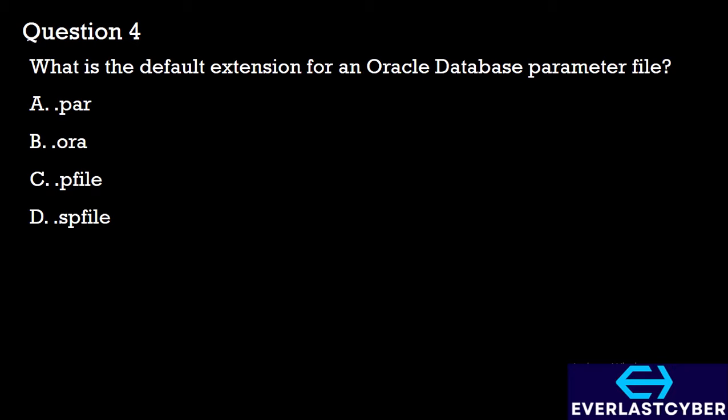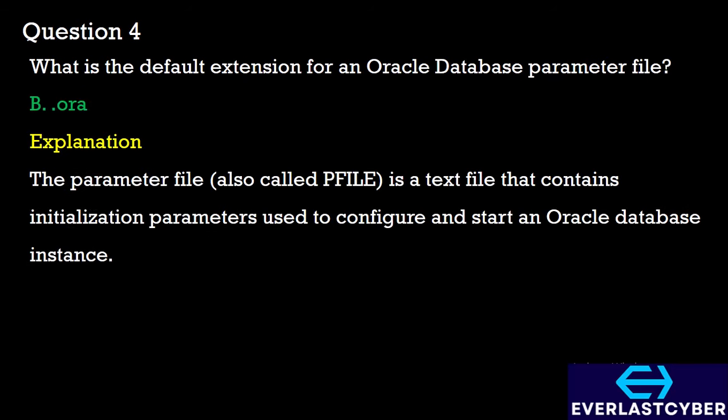And in option D, .spfile, which is the server parameter file, is a binary file that also stores initialization parameters. Its default name is spfile and then the Oracle user ID .ora. But option B, .ora, is still the extension that is used for Oracle database parameter files.